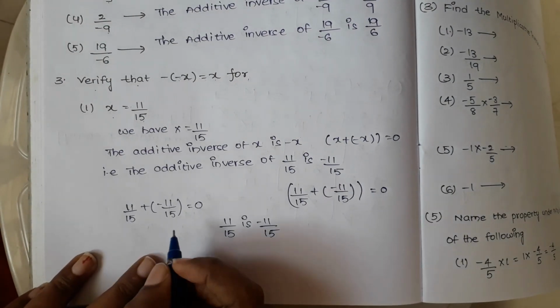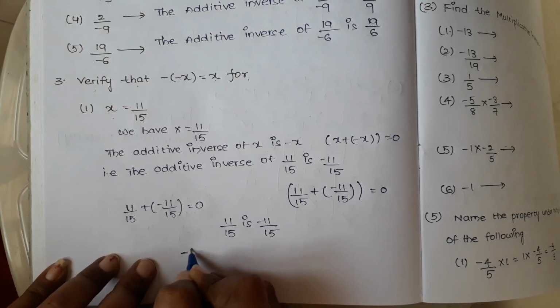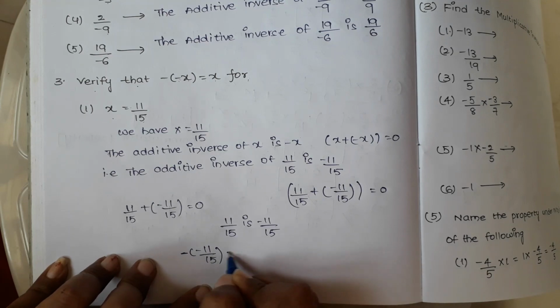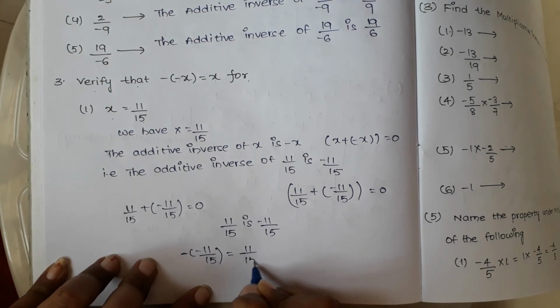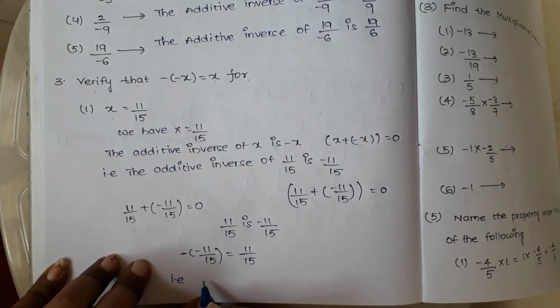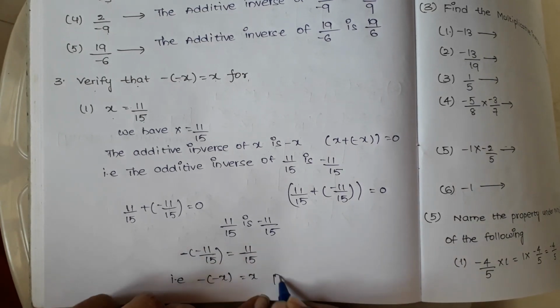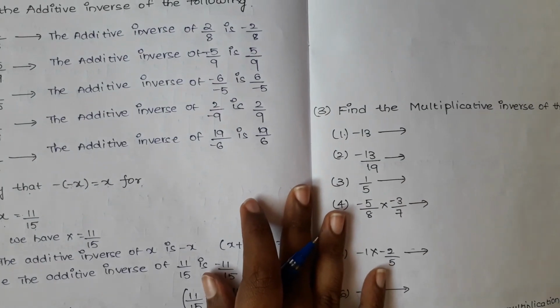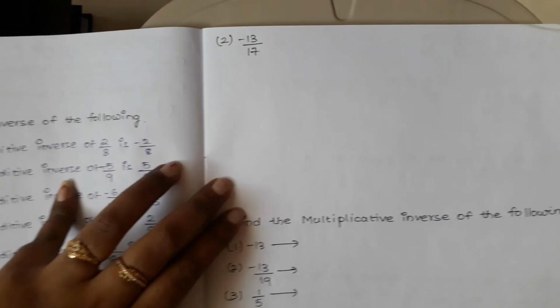And here minus of minus 11 by 15 equals 11 by 15. That is, minus of minus x equals x. That is proved. Let's solve the next problem.